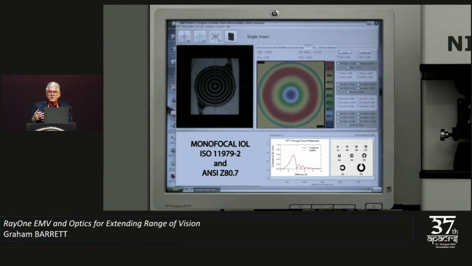Using this principle, you can make a lens which gives you a tangible benefit, still falling within the ISO and ANSI standards for a high-quality monofocal lens. As Ron is alluding to, this is a free lunch in optics.